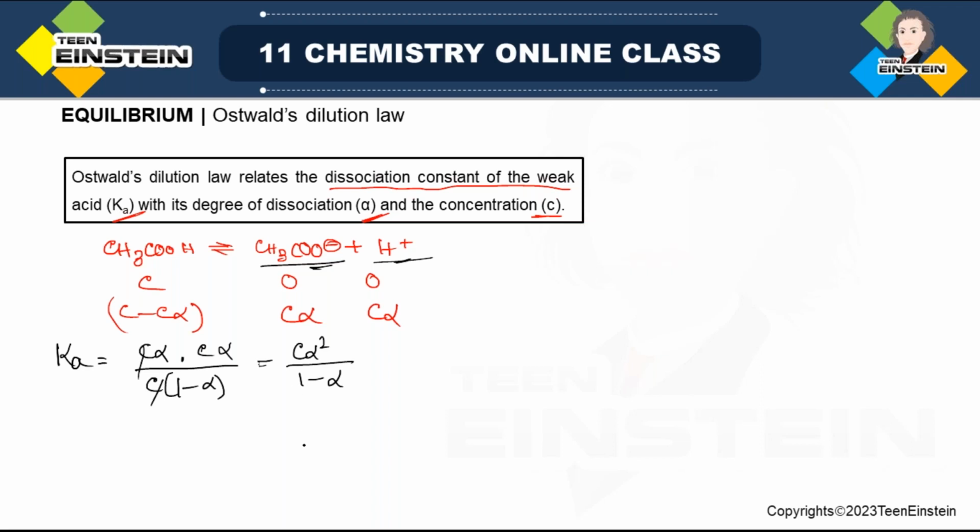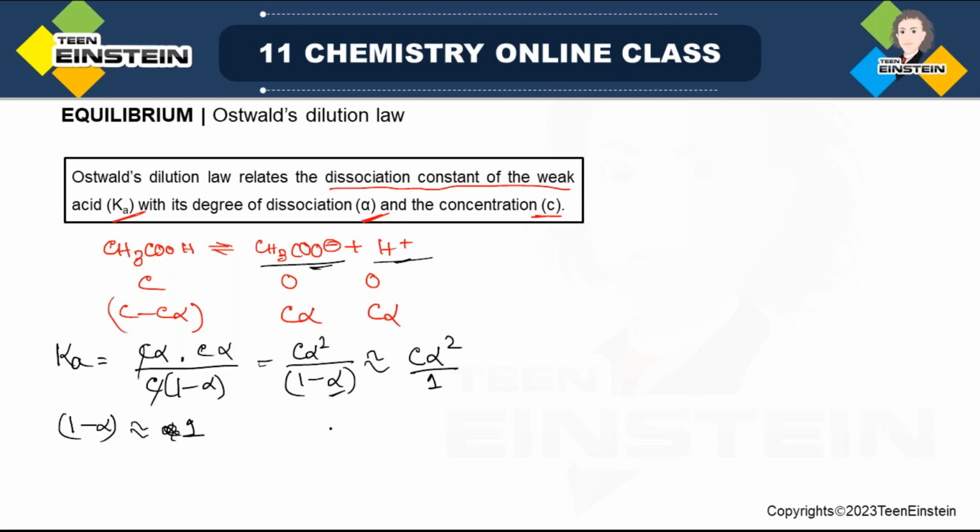So this is the relationship between K and C and alpha, but here this 1 minus alpha we will do one approximation. As alpha value is very less, so 1 minus alpha is almost equal to 1. So if that is the case, then Ka will be equal to C alpha square, because here we have considered 1 minus alpha as almost equal to 1, because alpha is very small value.